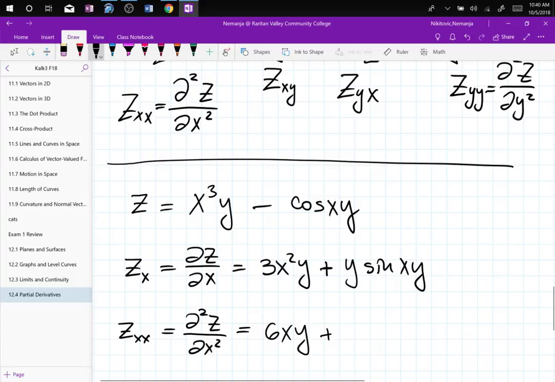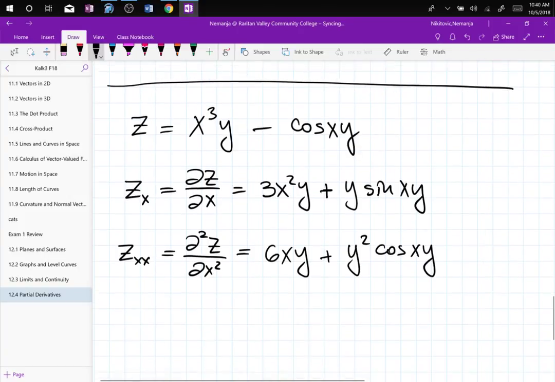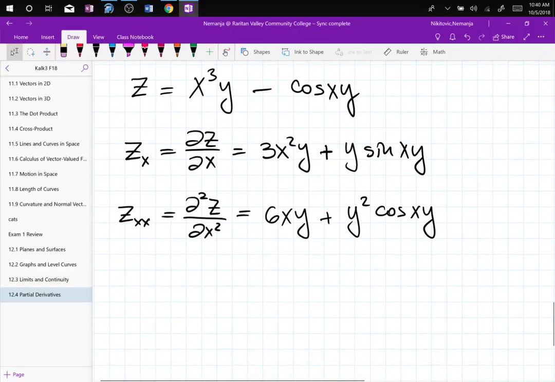So that's going to push another y out, so we have y squared cosine xy. Ta-da! Right? However, in blue now, from here, I can also get zxy. And this is what is known as the mixed partial derivative.